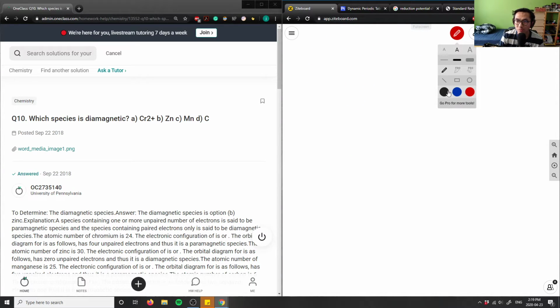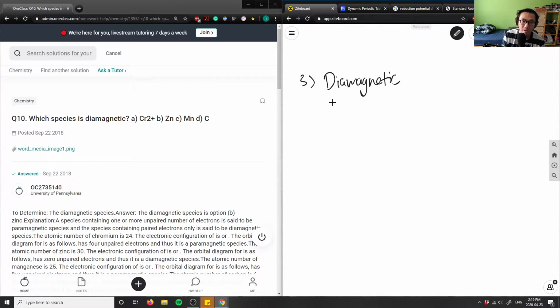Let's look at number 3. It says, which species is diamagnetic? I have A, chromium 2 plus, B is zinc, C is manganese, and D is carbon.